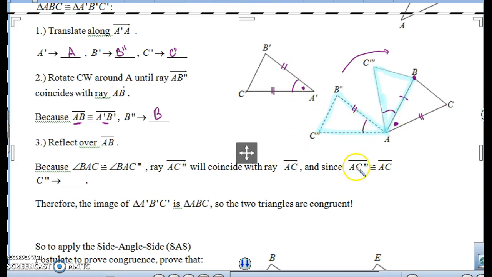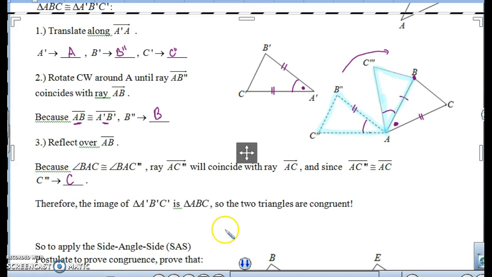When you do a rigid motion, they don't change. Because the angles are congruent, the ray will correspond with AC, and since AC is congruent to AC prime, C triple prime ends up at C. Therefore, the image of A prime, B prime, C prime is triangle ABC. So A is A, B is B, C is C, so the two triangles are congruent.